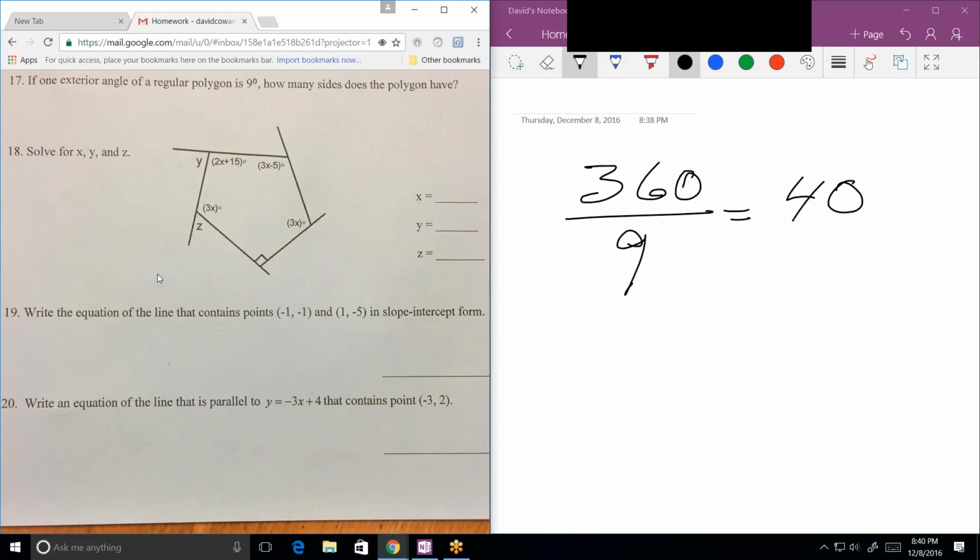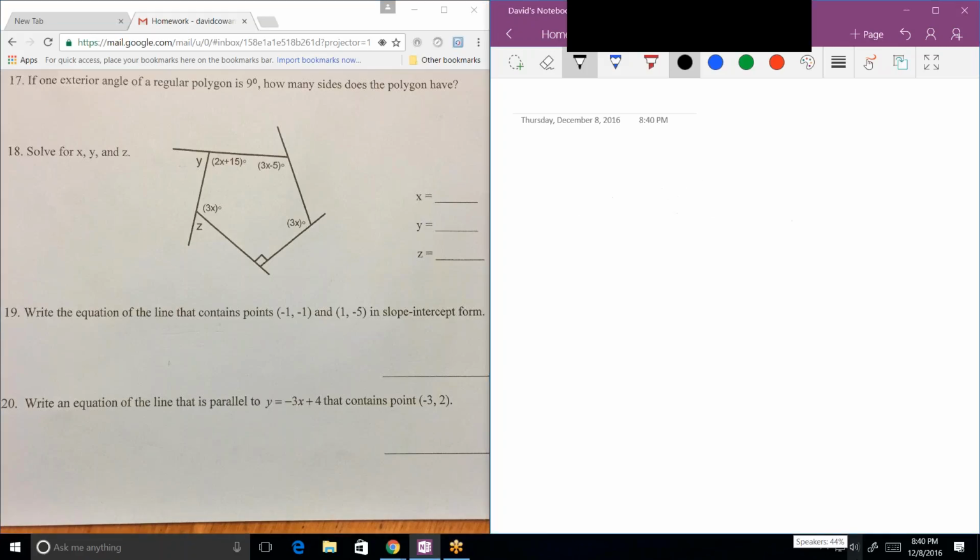Okay, so solving for X, Y, and Z. How can I solve for X? How many sides does that have? 5 sides.